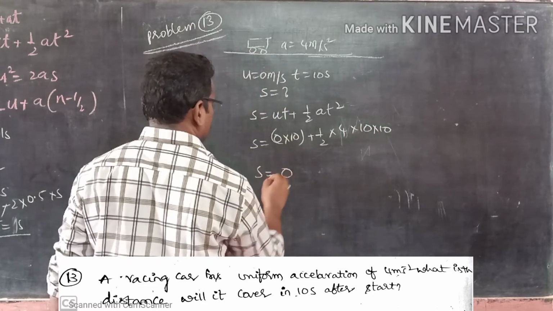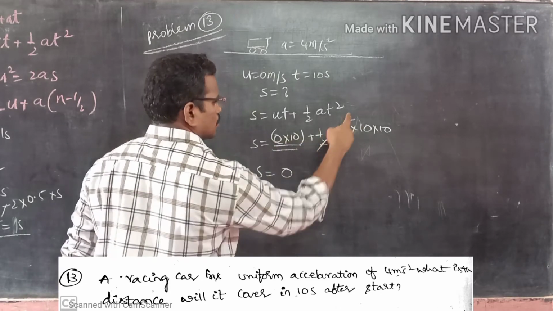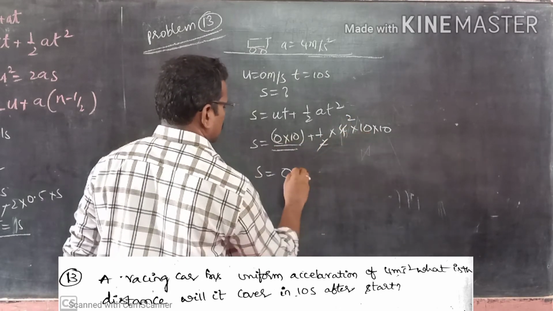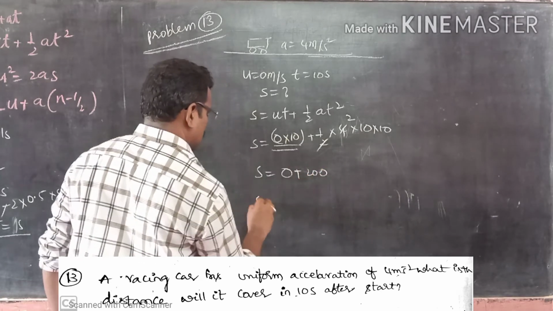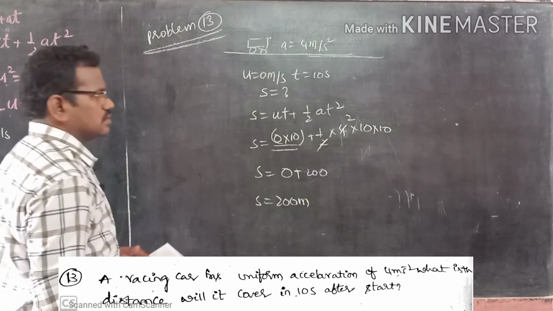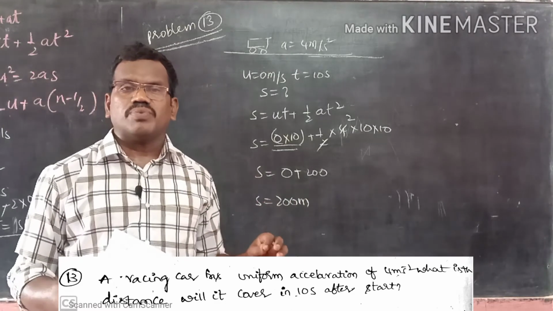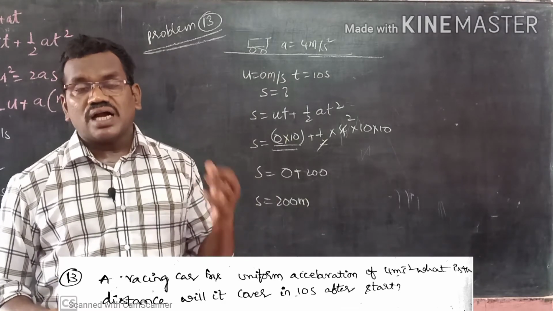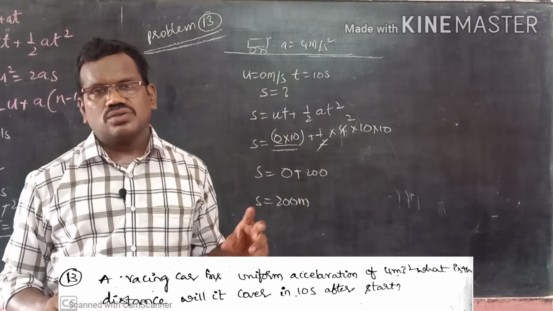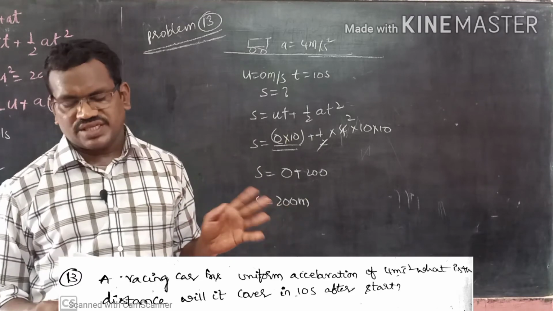Now the total value becomes 0 plus 2 ones are 2, 2 twos, 2 into 100, that becomes 200. So s is equal to 200 meters. Simple concept we can apply. The thing is, we should read the problem in a thorough manner and then understand the clue. If we once understand the clue in physics, it becomes easy.